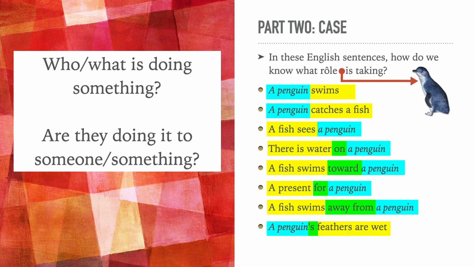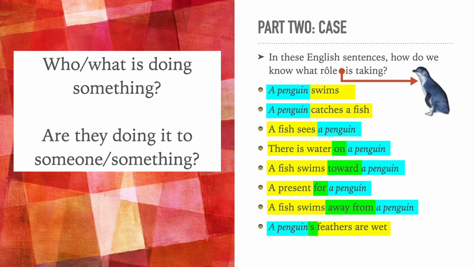It might be specifying location, or it might be a more abstract thing like for someone. And that's another category. There we can see that these all have, in green, these prepositions on, toward, for, and away from.